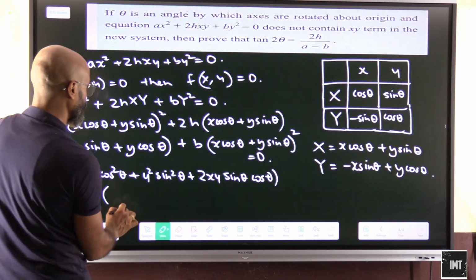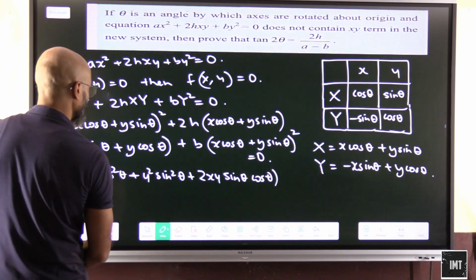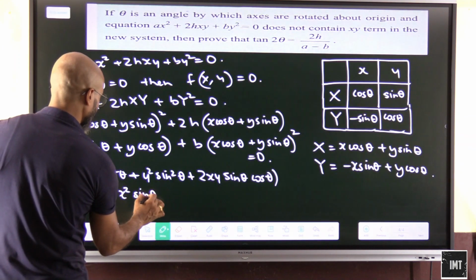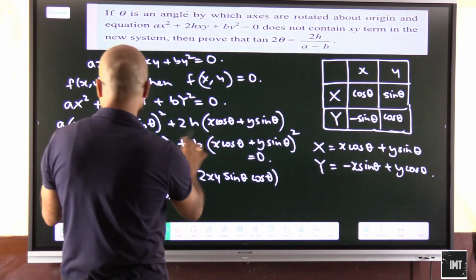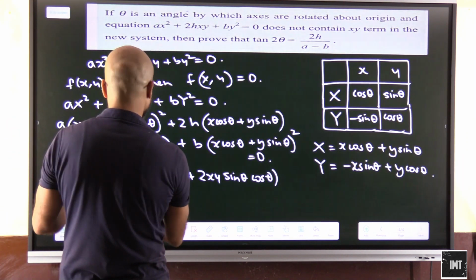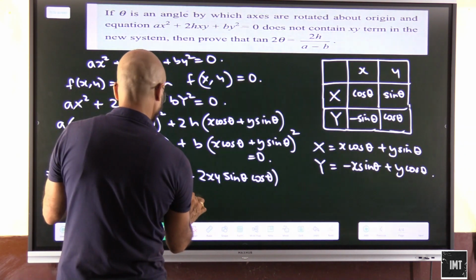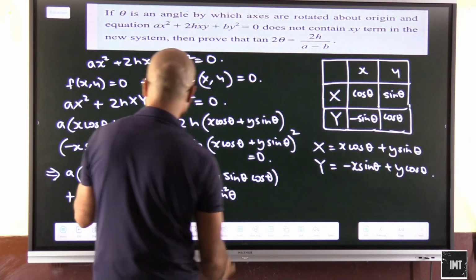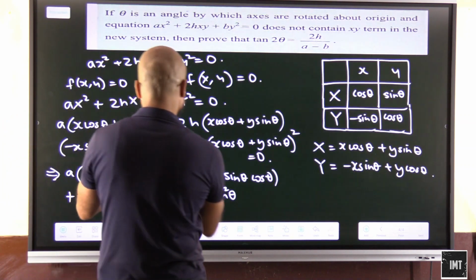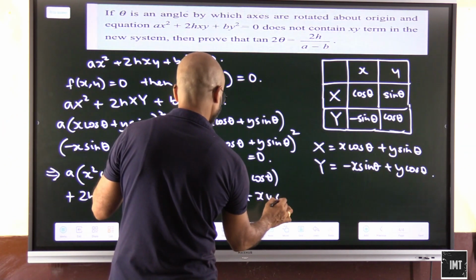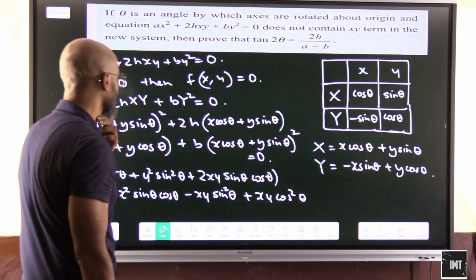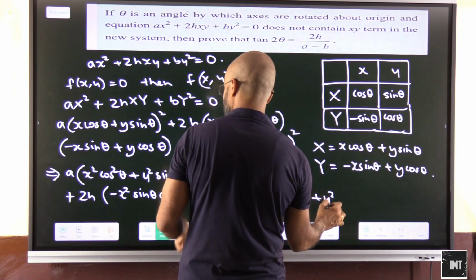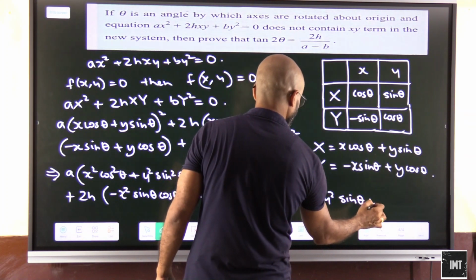Okay, so here it will be 2h x cos theta into x sin theta, so that will be minus x square sin theta cos theta, minus xy sin square theta, plus xy cos square theta, plus y square sin theta cos theta.